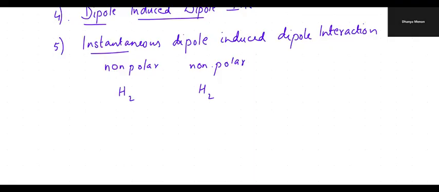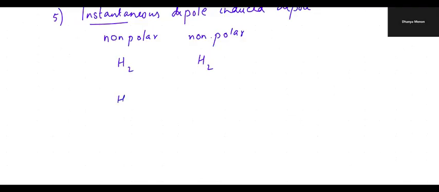Now, we know that any molecule, the electron is behaving as a wave, that we know. And the electron at any instant of time, sometimes there is more electron density at one side, at one area.